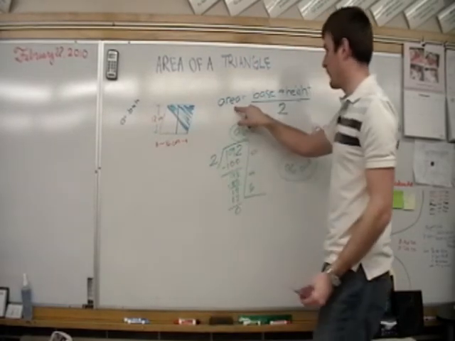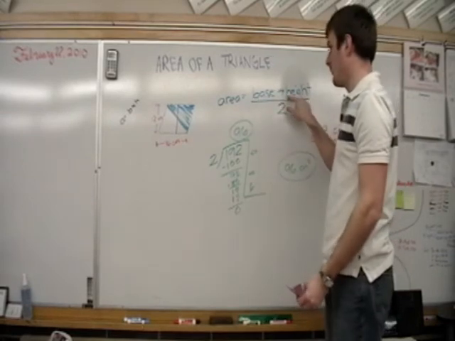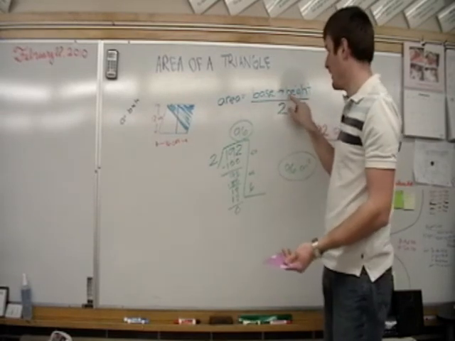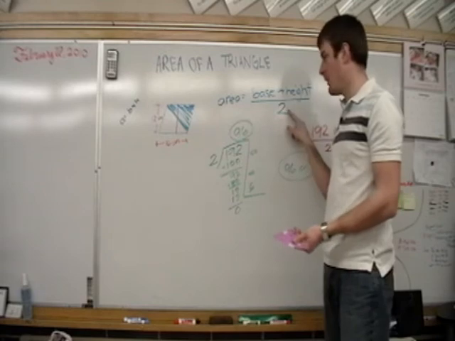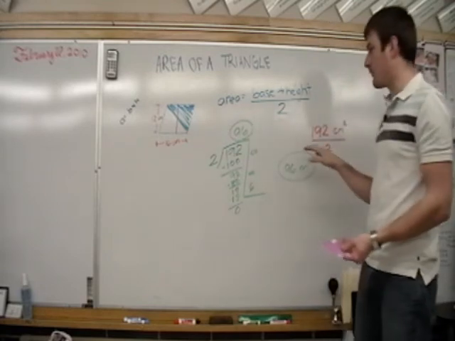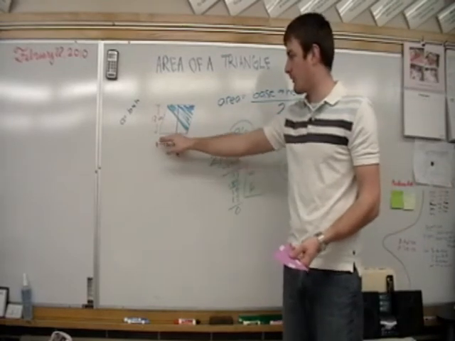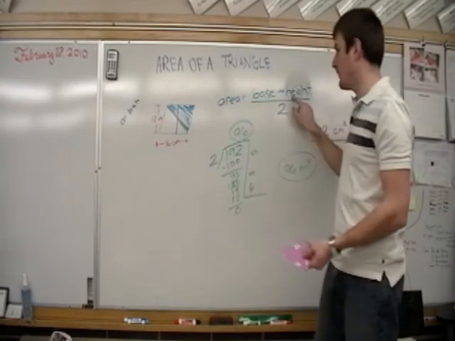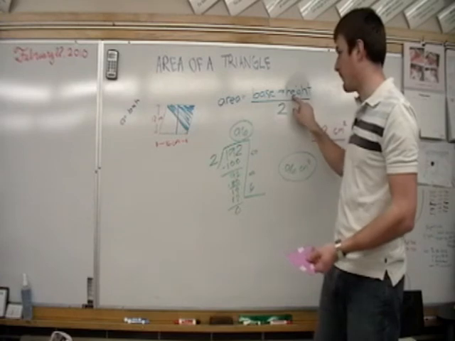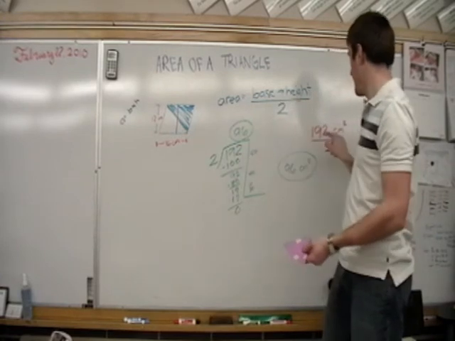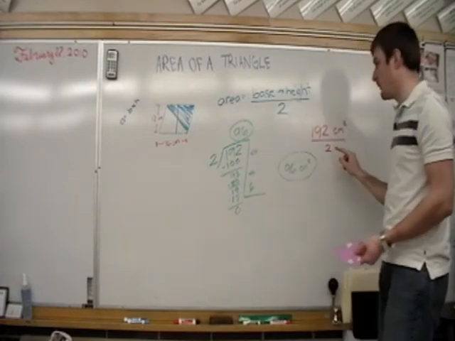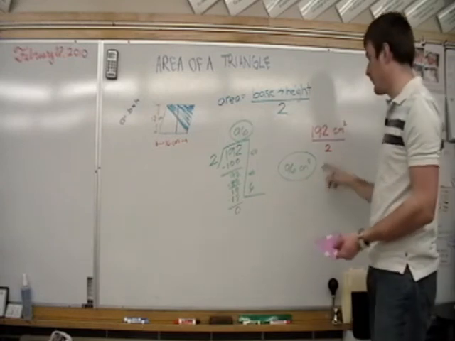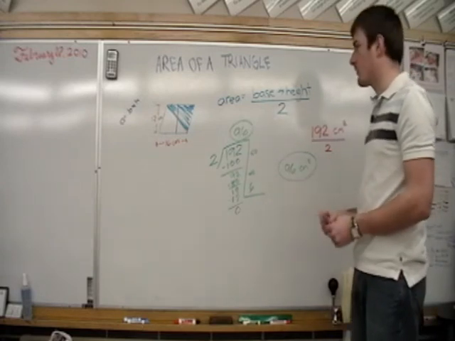So to find the area, we're going to take base times height, which would give us our parallelogram, divide it into half, and then we just plug in the numbers. So we had 16, which is our base, times 12, which is our height, and 16 times 12 we came up with 192. And then 192 divided into half, or divided by 2, would give us 96 centimeters squared.